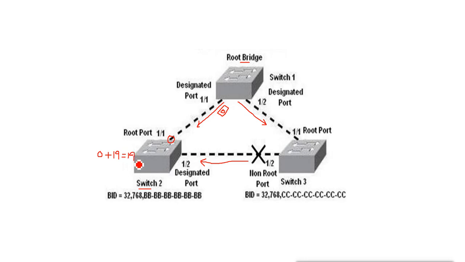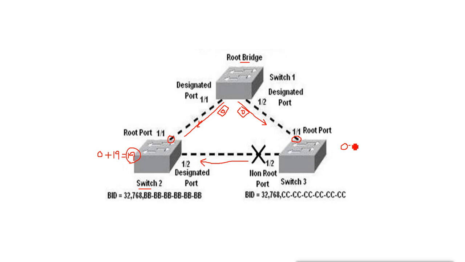So if switch 2 wants to reach the root bridge, and if it takes this path, then it will cost 19. Now it will also get the BPDU of the root bridge from this side, where the root bridge again sends it with 0 as the cost, and it will send to this switch. Now this switch also receives it on this port, so switch 3 will use 0 and add its own port cost.